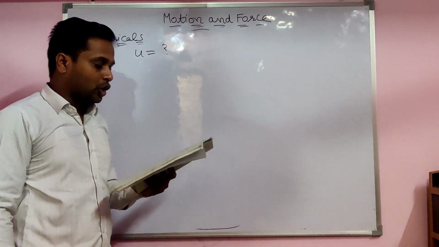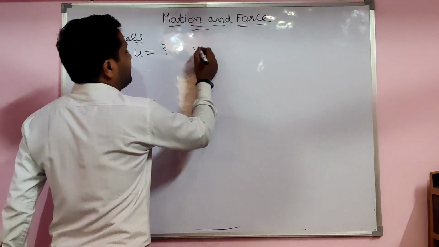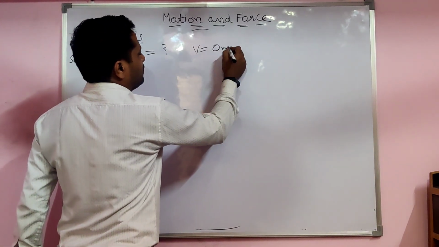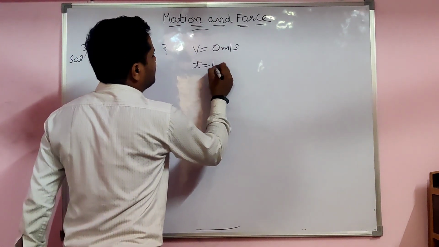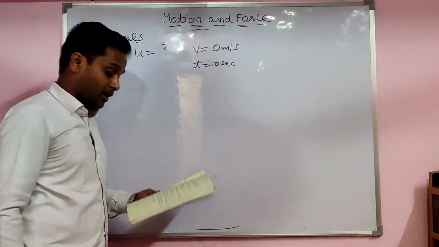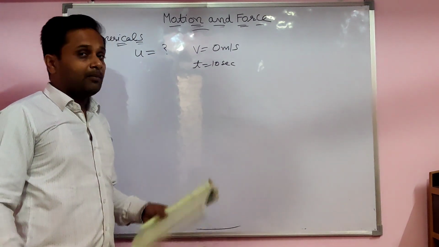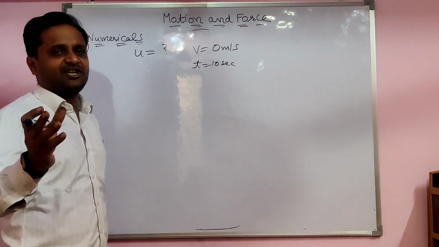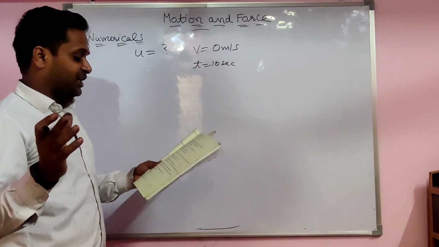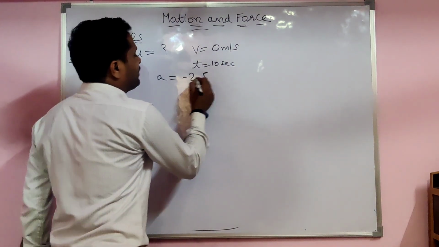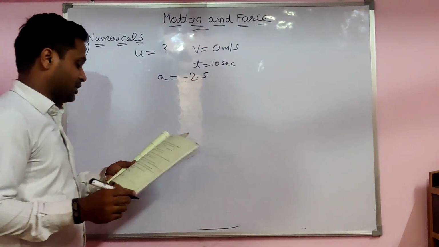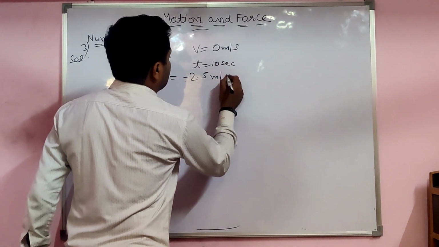The car stopped, it means final velocity is 0 meter per second, stopped after time 10 seconds by applying the brake. By applying the brake, it means retardation is there, so acceleration is given minus 2.5 meter per second square.